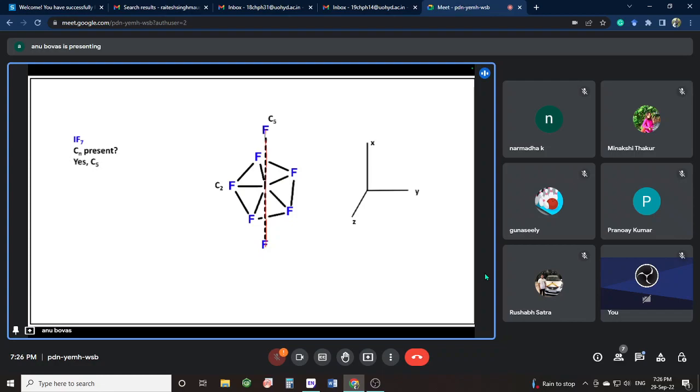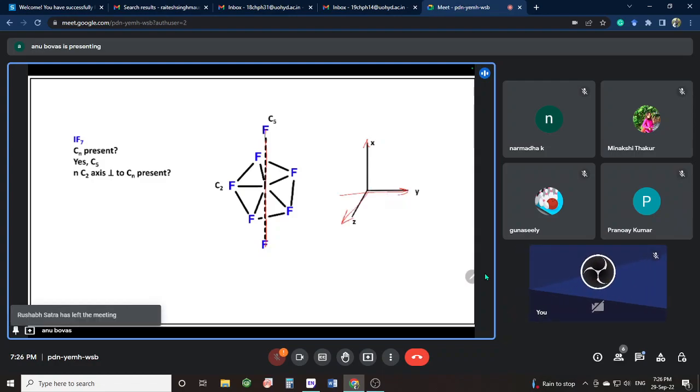Now the next question we should ask is whether a C2 perpendicular to Cn is present or not. In this case, C5 is along the x-axis, so along the y-axis or z-axis, do we have a C2 or not? Yes, in this case, we have C2. How?